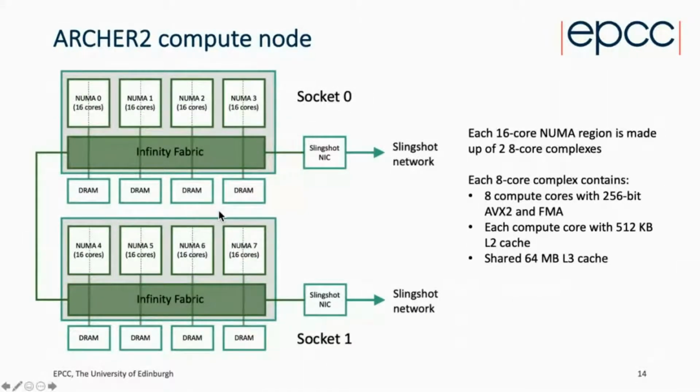We haven't had very long on the system to explore the performance. We're still understanding what the impact of this different architecture is, particularly the two interfaces out to the interconnect. Both of these are 100 gigabit per second interfaces, so that's 200 gigabits per second per node. We're still trying to understand how that works.